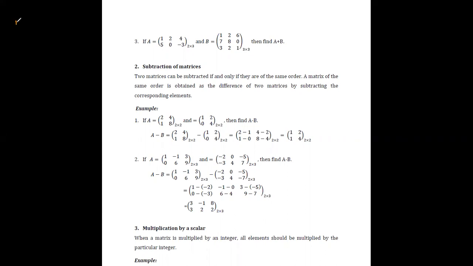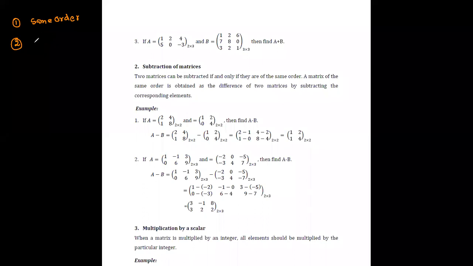Therefore, the first condition is that the order should be the same. The matrices should have the same order. If the matrices are of the same order, we say that these matrices are conformable for matrix subtraction.